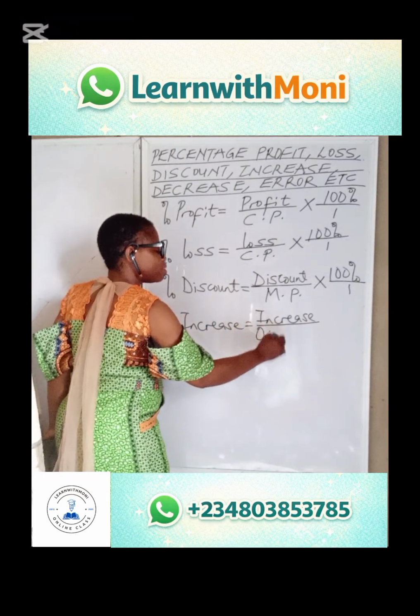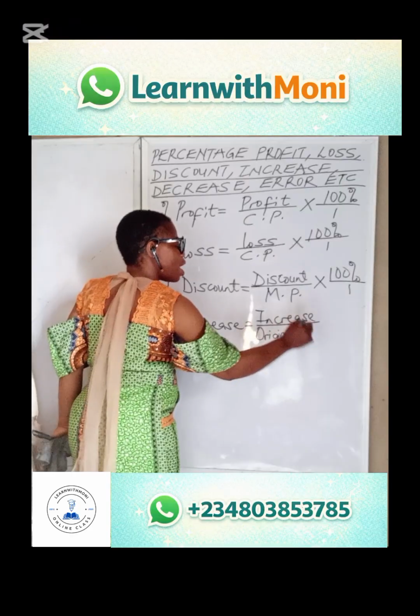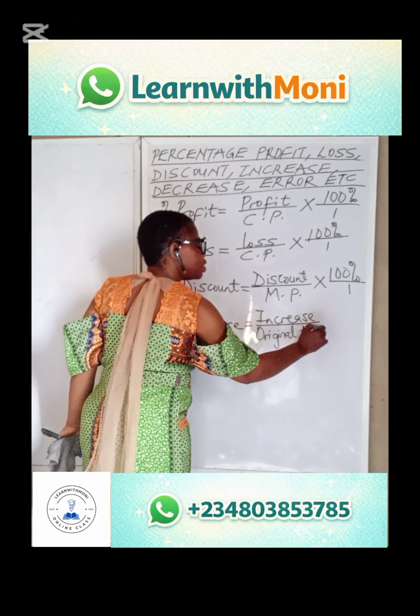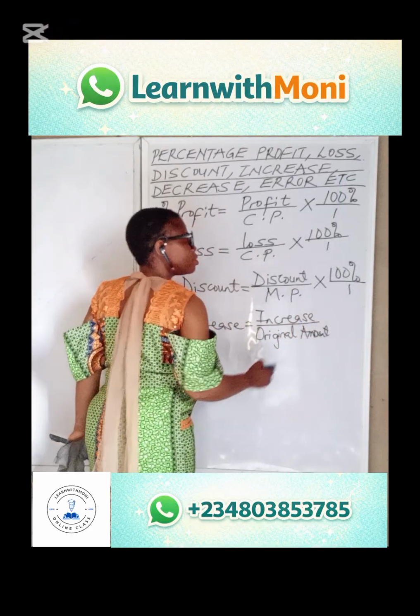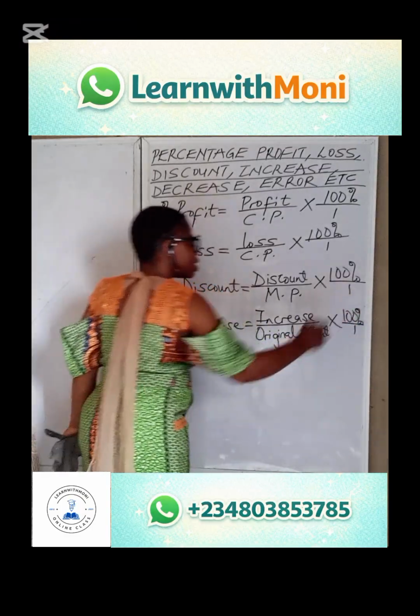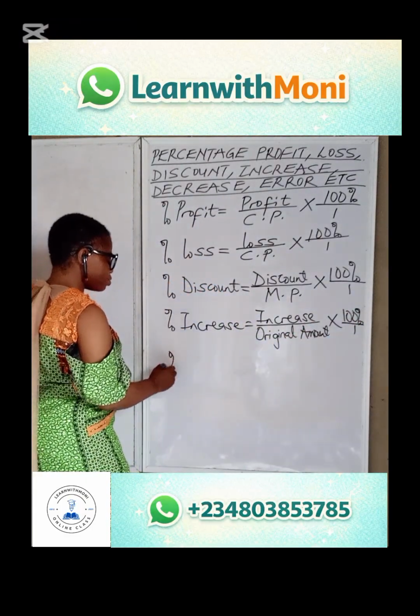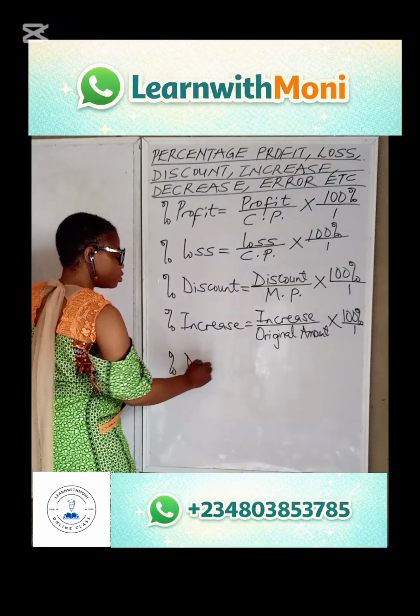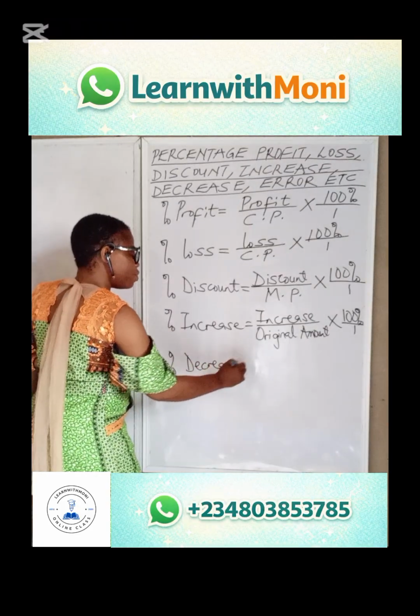I'm writing it as this: original amount or original size times 100% over 1.